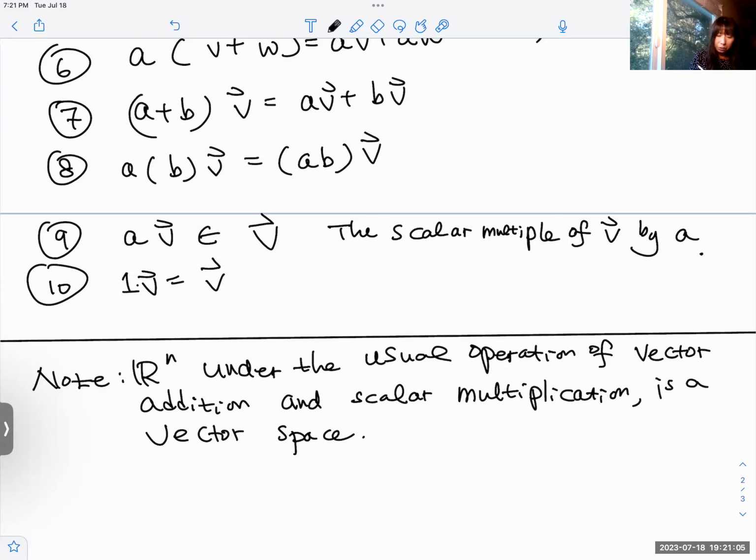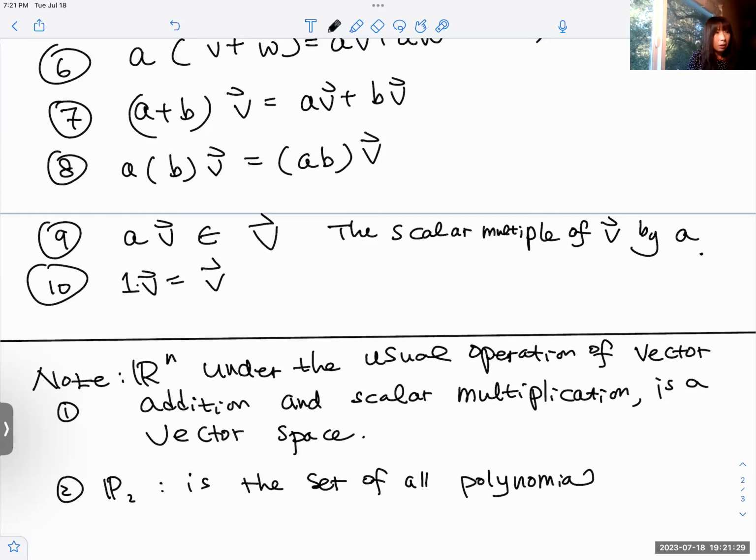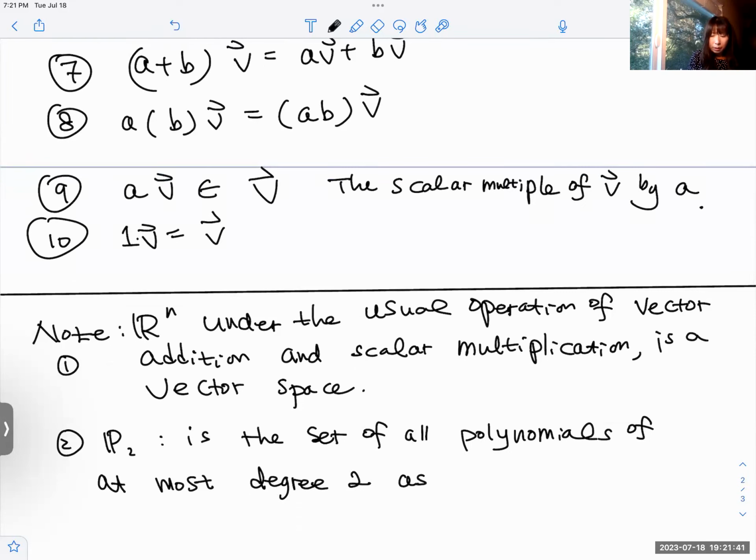Let us do an example. We also have this one: P sub 2, the set of all polynomials of at most degree 2, as well as the 0 polynomial, and it is a vector space.